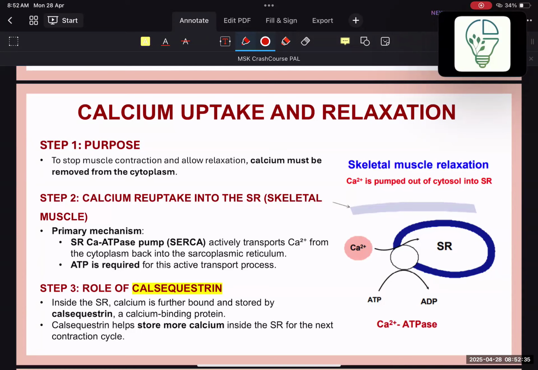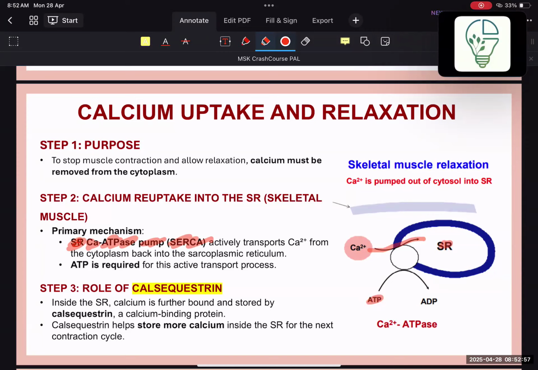And how will we do that? We will do that using the help of the sarcoplasmic reticulum calcium ATPase pump, which is called SERCA. And we did take this before in the lecture that we took earlier this year. And what's going to happen is that your calcium will be pumped back inside the sarcoplasmic reticulum. And to do this, you're going to use ATP.